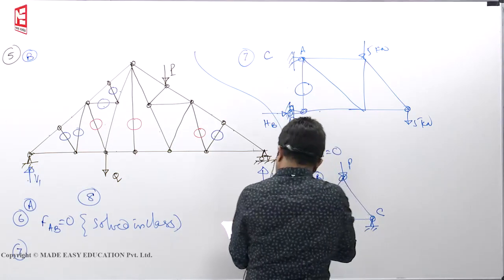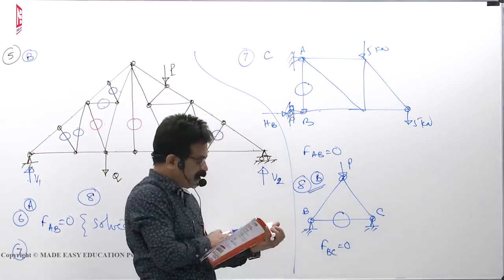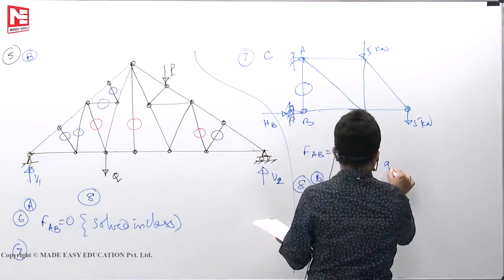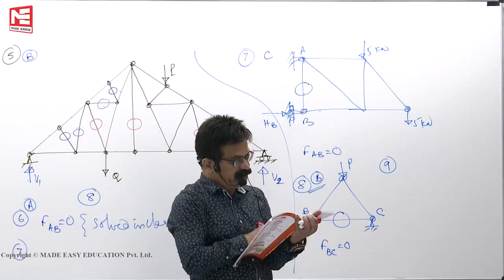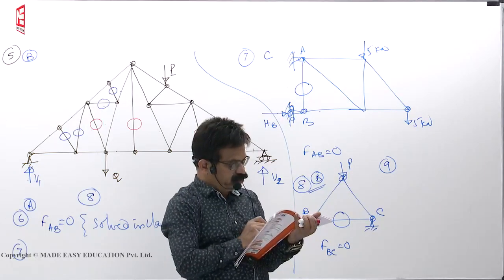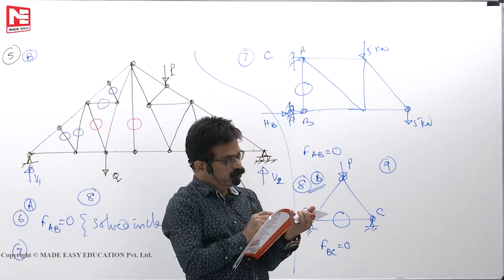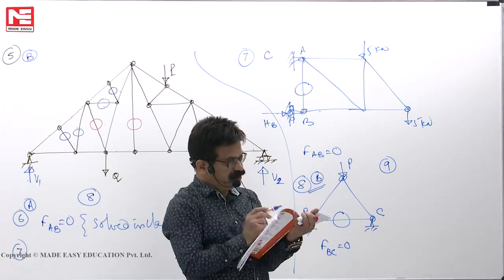Next, ninth. We have also solved this in the class. When we solved it, there are 3 members with 0 force. See, 1, 2, 3 members, 0 force.